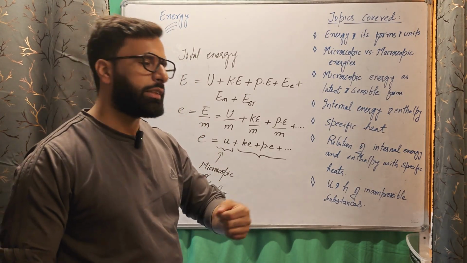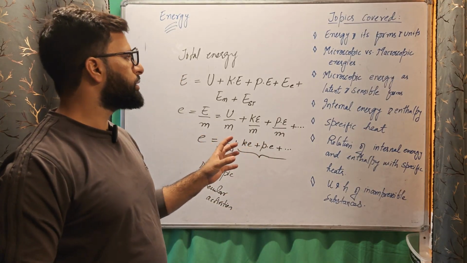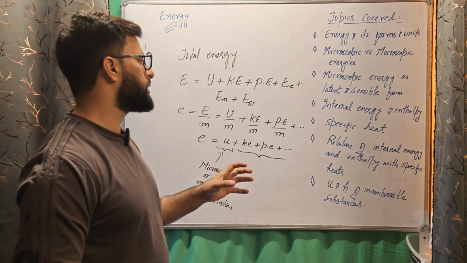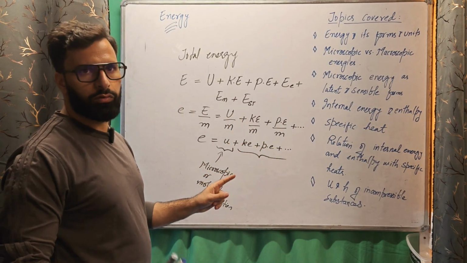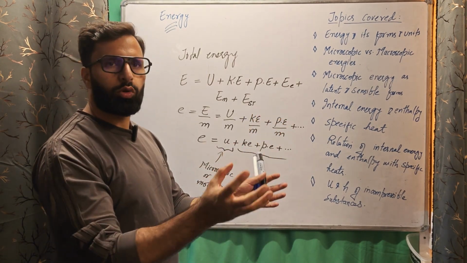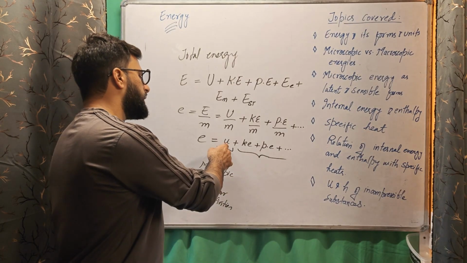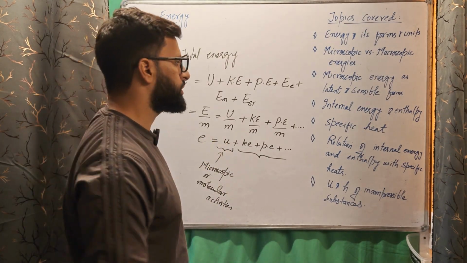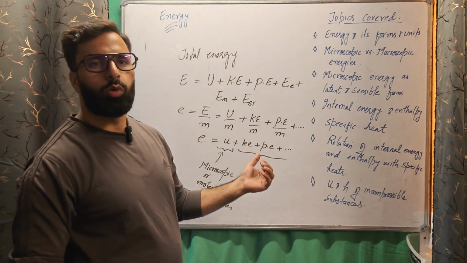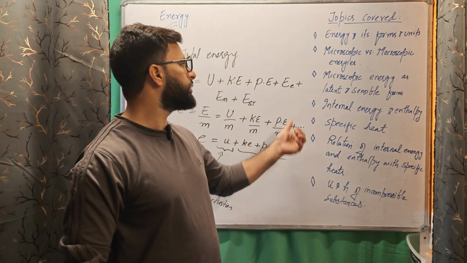Molecules translate, they circulate, they rotate, they vibrate. All these molecular forms of energies of a system are called the microscopic forms of energies, and we call them the internal energy of the system. The sum total of all these molecular forms of energies of a system is called the internal energy of that system.